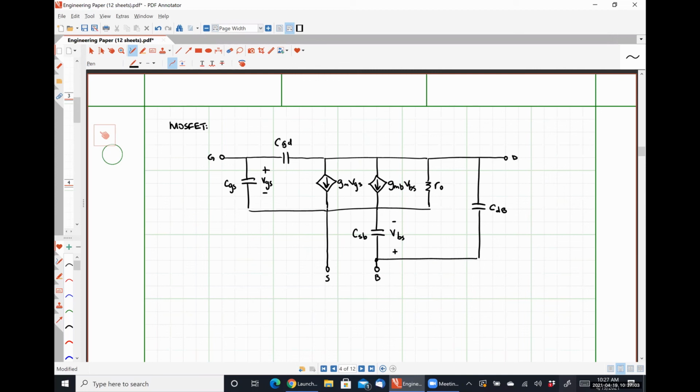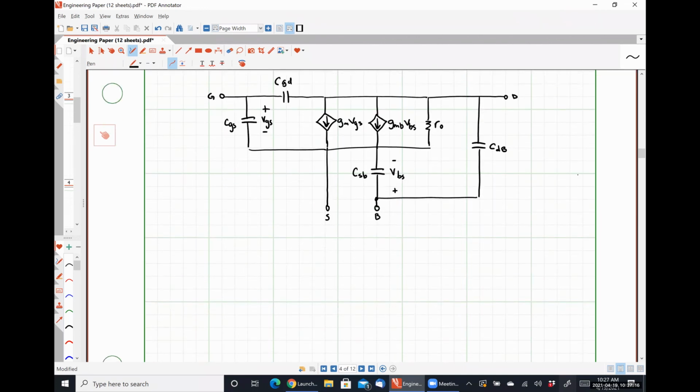Now, if we tie our source and our body together, which is what is done in the textbook that we are currently using, the overwhelming majority of the time, this will simplify to the following. Here's our gate. CGS survives. CGD survives.